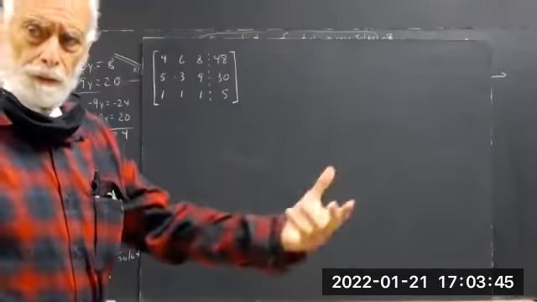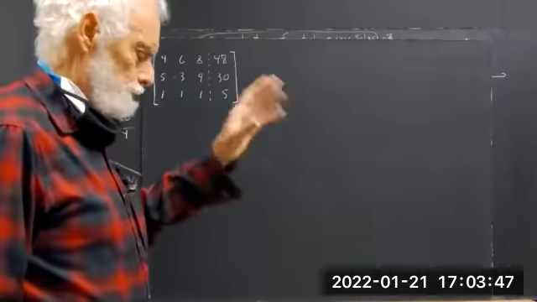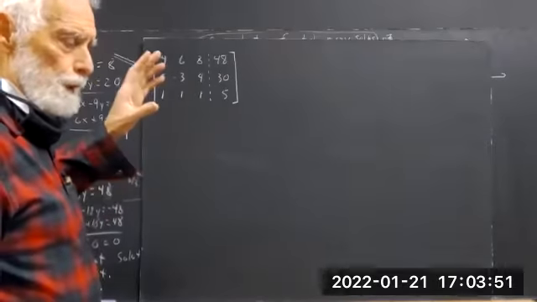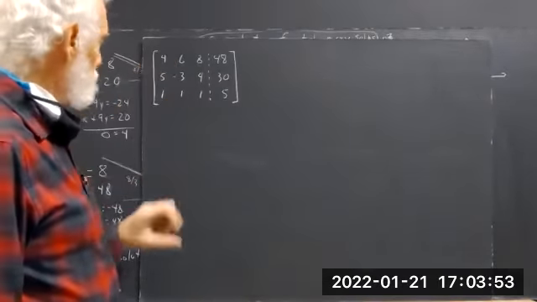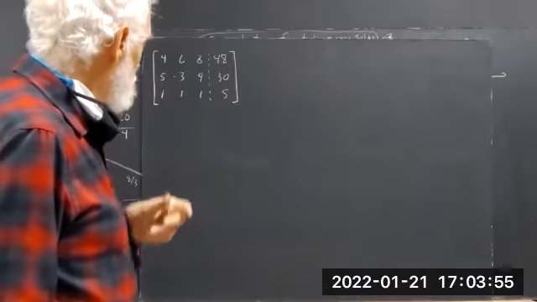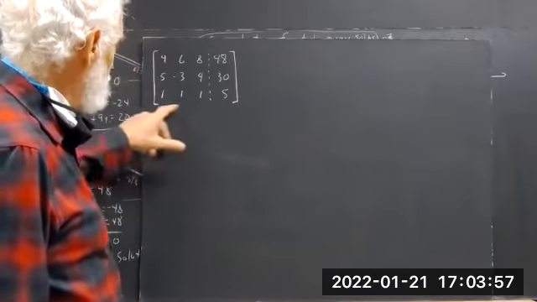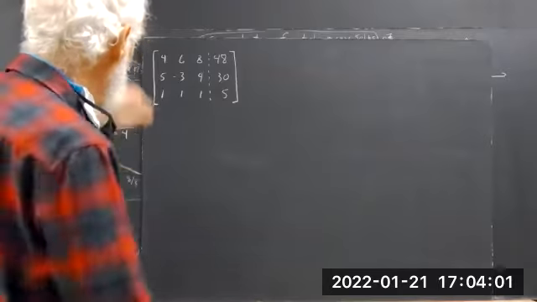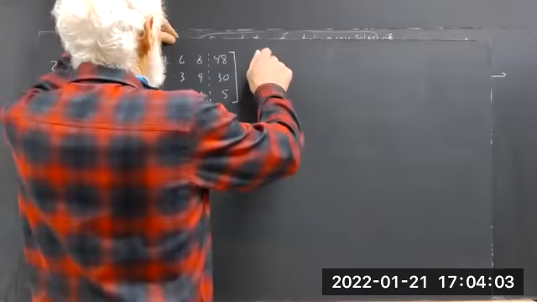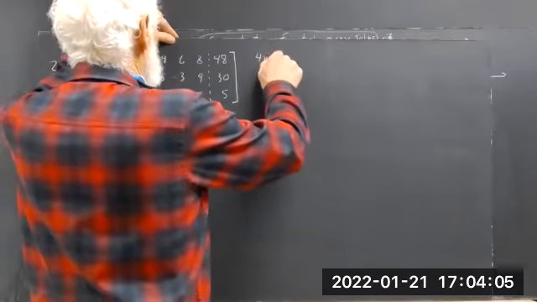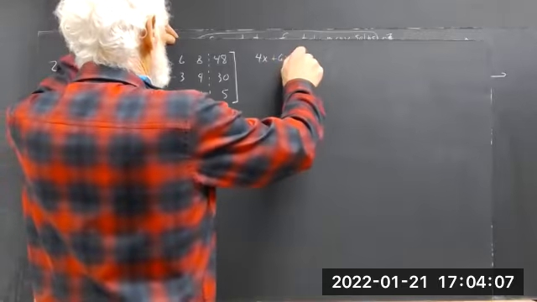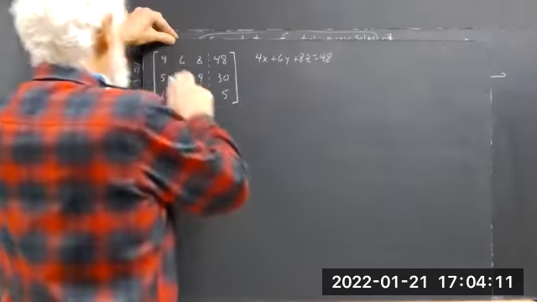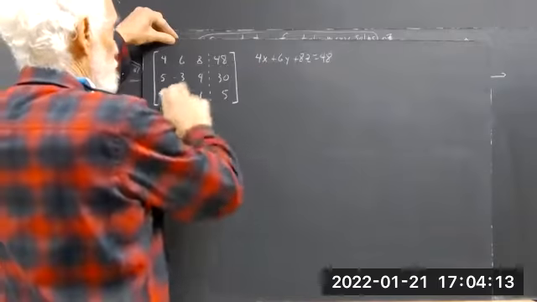And there's a lot of notation and terminology around matrices. But what I'm going to do is pretty straightforward, okay? I'm going to take the system of equations now, and I'm going to write it out. Since I've got the matrix, I can see exactly what I should be writing. Okay. This corresponds to this equation.